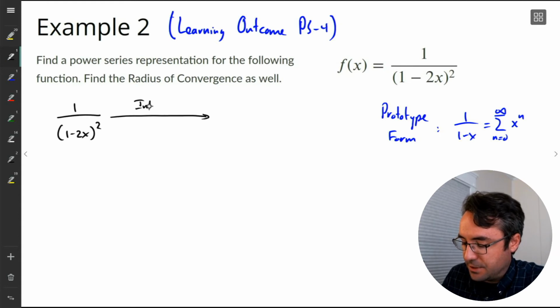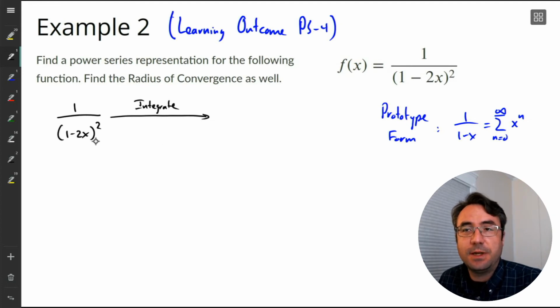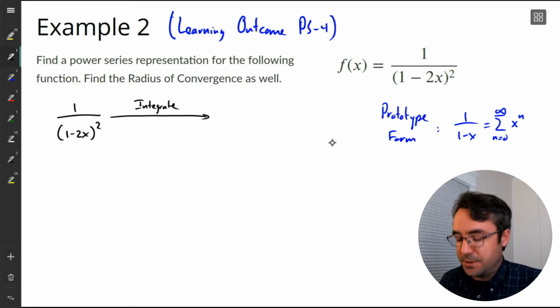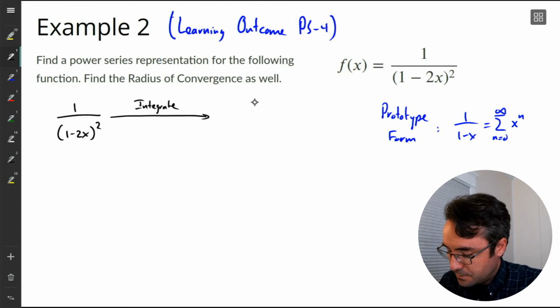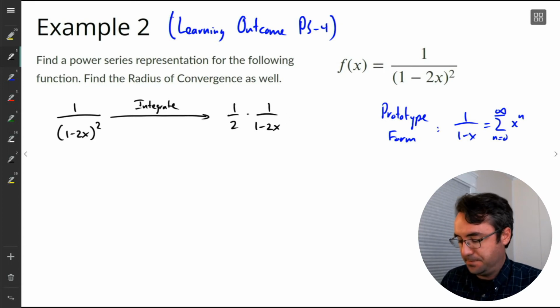Let's integrate this function. Differentiation we could also use, but in this particular problem, differentiation takes us further away from this basic form here. So let's integrate this function. When we do that, what do we get? We get 1/2 times 1 over 1 minus 2x.